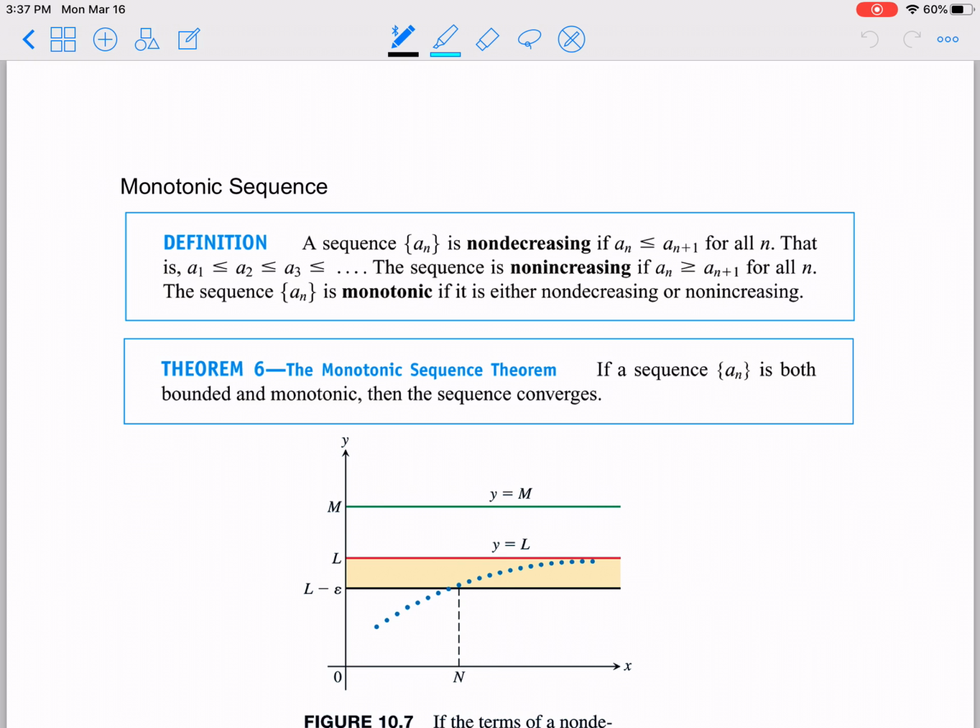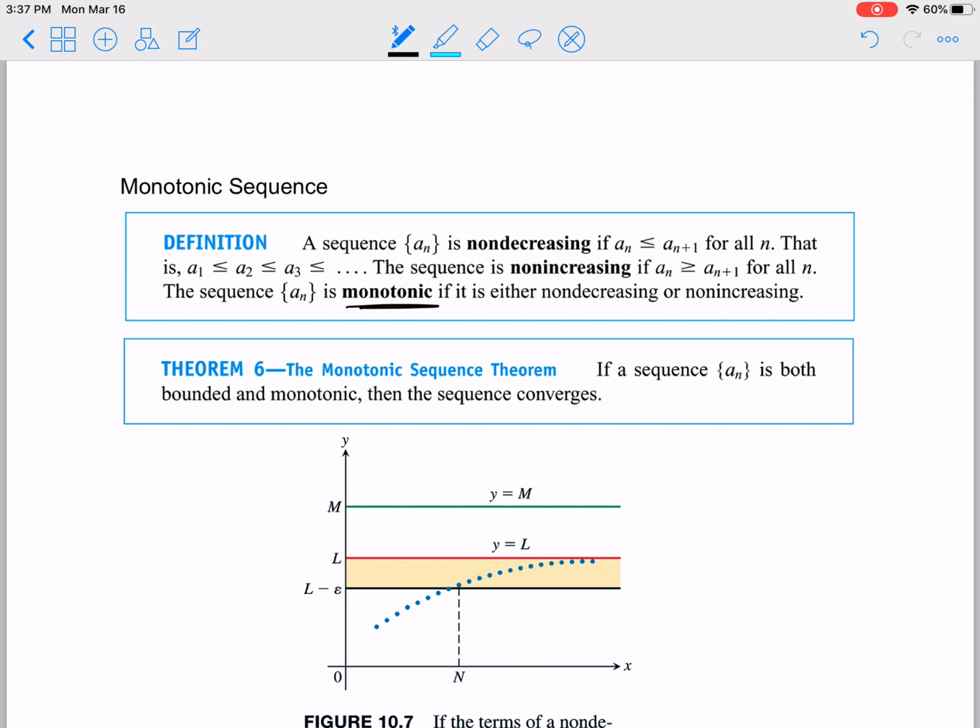That is, a_1 is less than a_2, which is less than a_3, which is less than a_4, and so forth. And the sequence is non-increasing if a_n is always greater than or equal to the next one for all n. The sequence is monotonic if it is either non-decreasing or non-increasing.